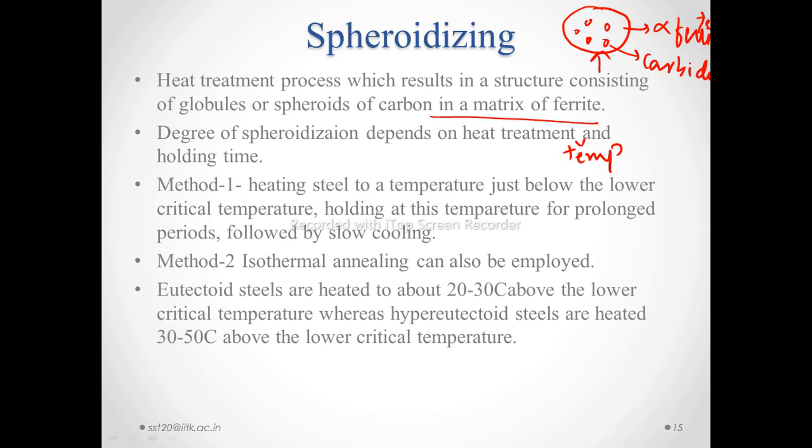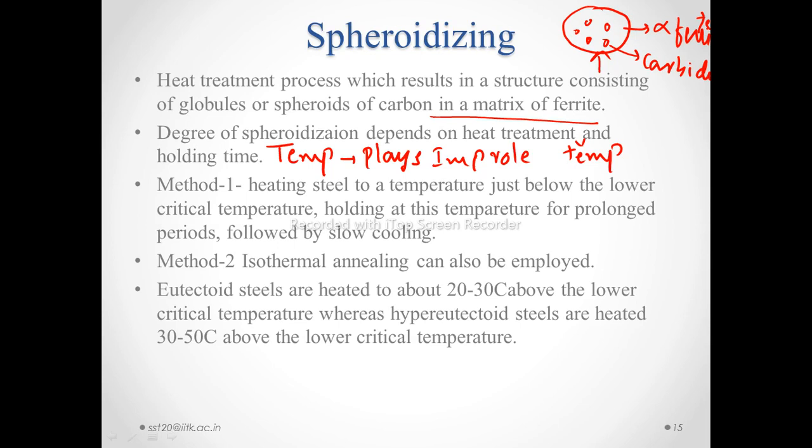If we increase the temperature more and more, then the dissolved carbide particles appear in the form of lamellae during cooling. Hence, temperature selection plays a very important role in spheroidization.